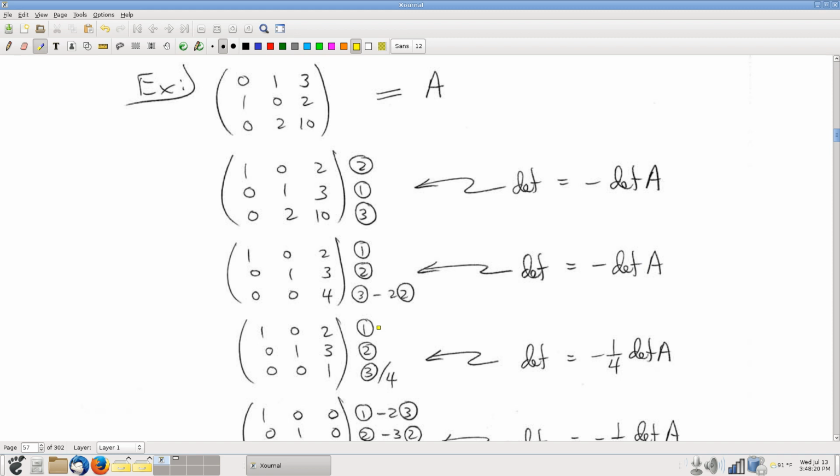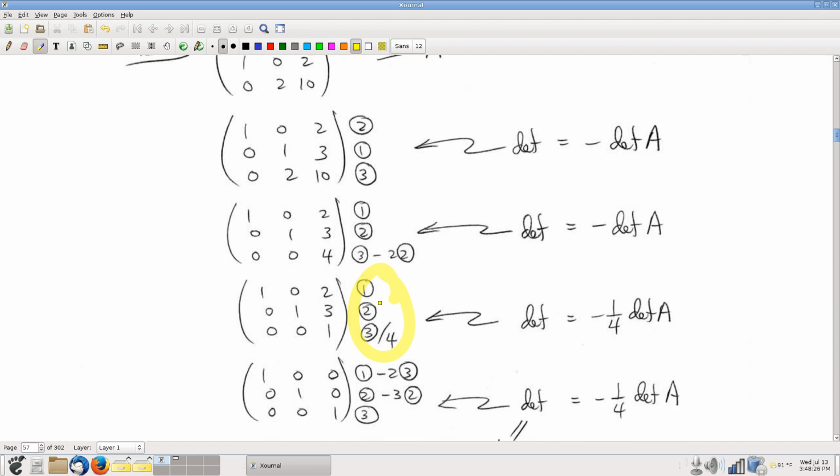Okay. Next operation. Now here I've multiplied one of the rows by a constant, and the rule is when you do that, you get a corresponding factor in the determinant. So here I've multiplied the third row by 1/4, and therefore I get a factor of 1/4 in the determinant compared to the previous matrix.